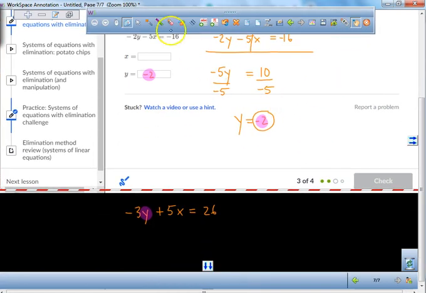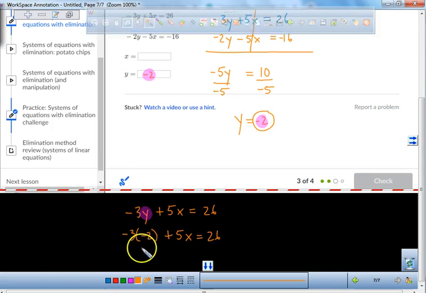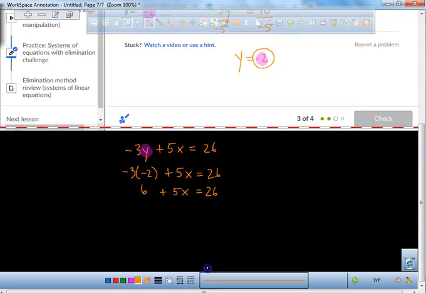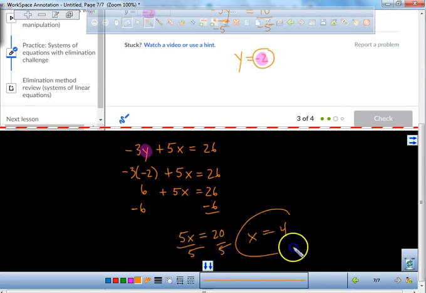So we're going to do negative 3 times negative 2, and now we're going to solve for x. It's going to be really easy. Negative 3 times negative 2 is 6. 6 plus 5x equals 26. We take away 6 from each side, and we get 5x equals 20. Divide both sides by 5, and x equals 4. And we're done.